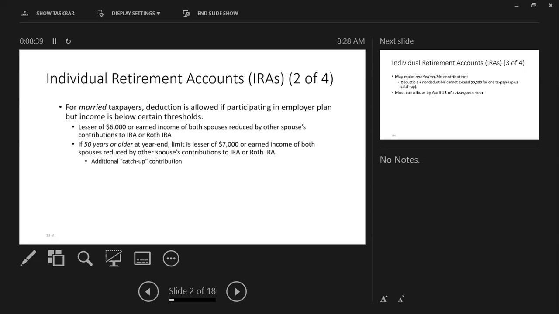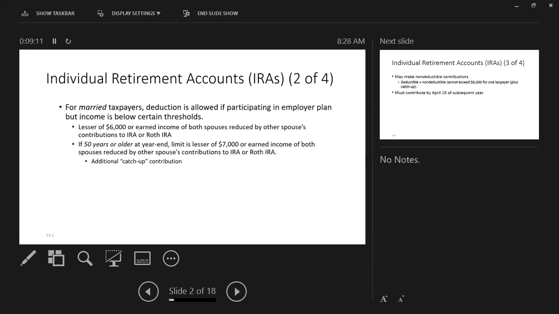Now, a non-working spouse can have a contribution made by their working spouse as long as the amount together is not more than the working spouse's earned income. Further, if the working spouse or both spouses who work are in employer-sponsored plans, we also have to limit the amount they can deduct from contributions made.